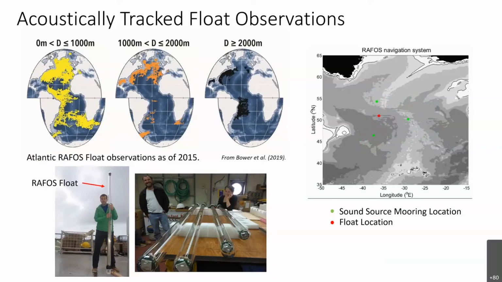They record the times of arrival of those signals, and then we convert those times of arrival to ranges, or distances, from each sound source and use a triangulation process to determine the float position. This is all done after the fact, after the float has been drifting for, say, up to 2 years, collecting all this sound signal information. It returns to the surface and transmits the data through satellite.